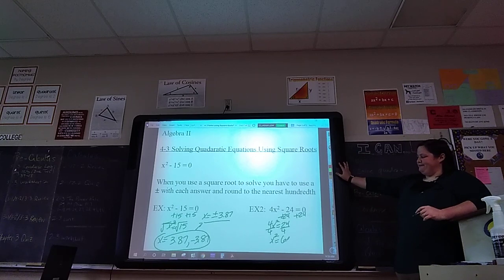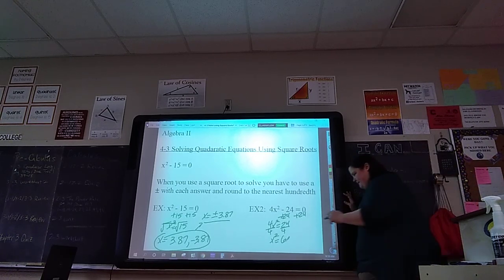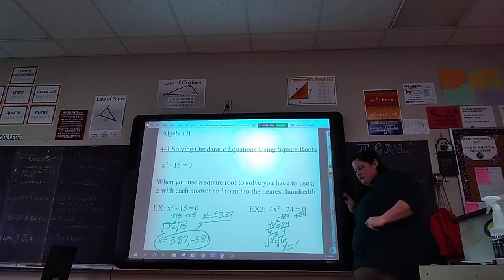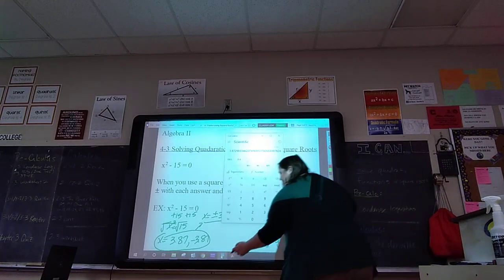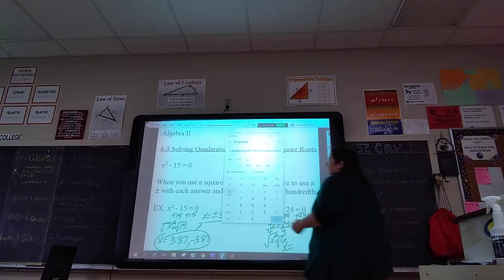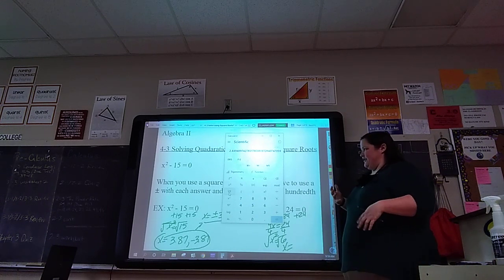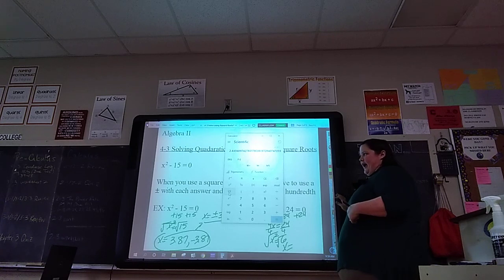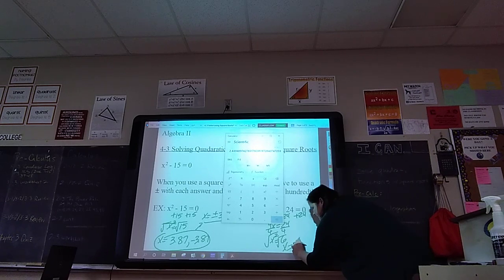What do I do now? Square root it. Yep. So x is going to equal, so the square root of 6 is 2.449, so I'm going to round that to 2.45. What do I always have to also have with my 2.45? Negative 2.45. So I like writing the plus and minus, so I'm going to do that now.